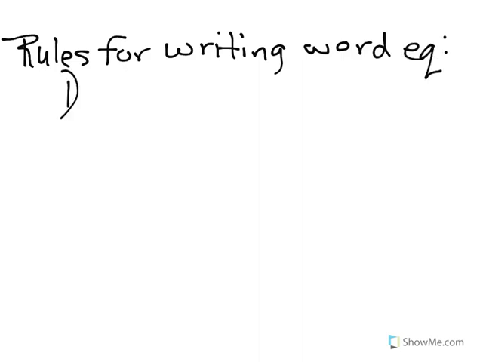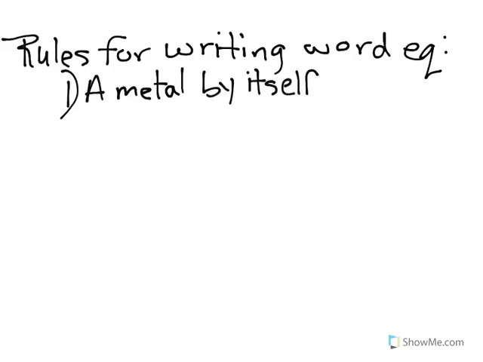Rule number 1. When I'm reading a problem and it says something like sodium metal reacts with, or magnesium metal is added to, when I have a metal by itself, you're just going to write the symbol for that metal.